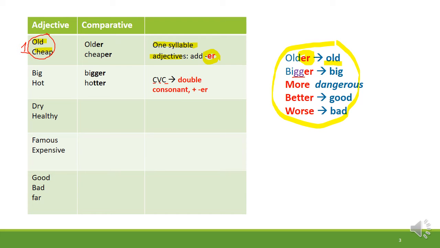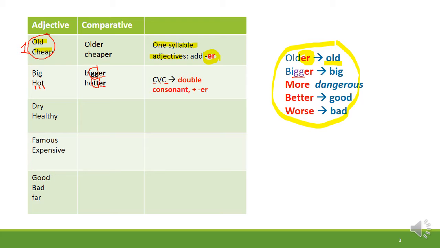For example, consonant, vowel, consonant. That's why here we double the consonant and then we added er.